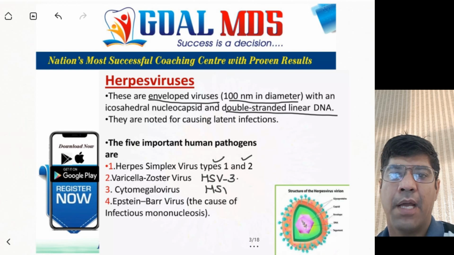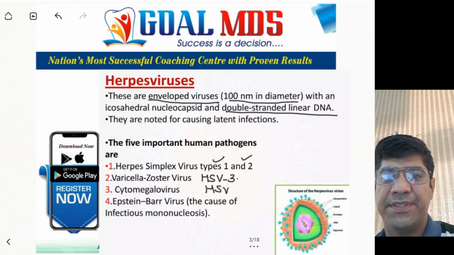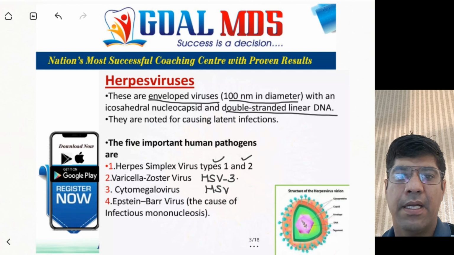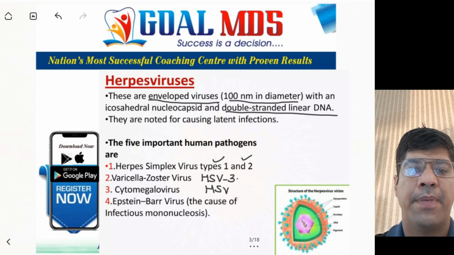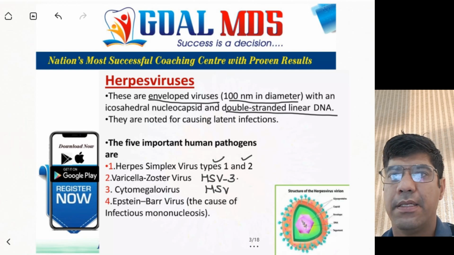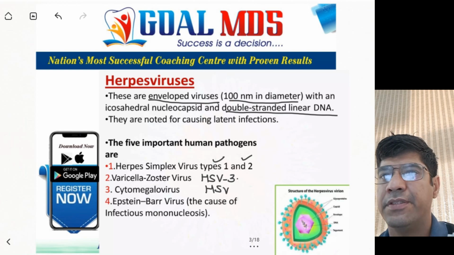More recently, herpes virus types 6, 7 and 8 have been discovered. Remember the type 8, it is known as Kaposi sarcoma.